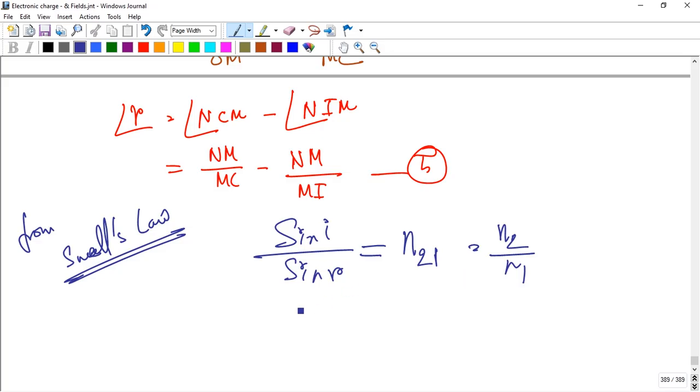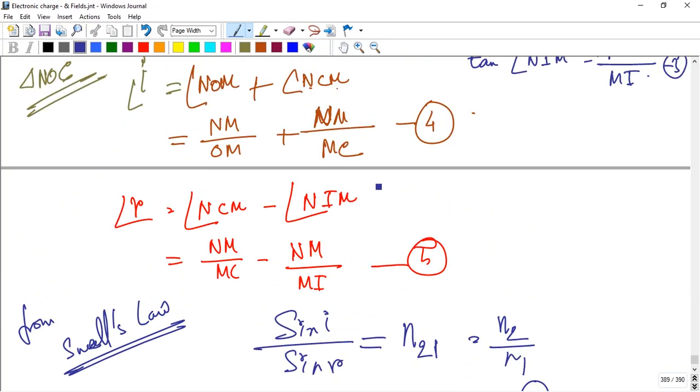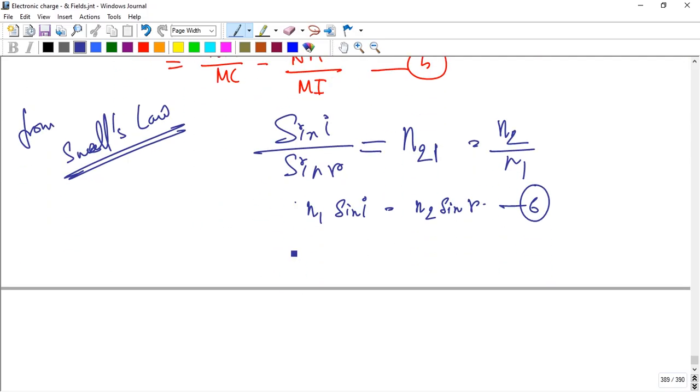Now cross multiply: N1 sin I is N2 sin R. That is equation number 6. Now in equation 6 we put equations 4 and 5, the I and R values.